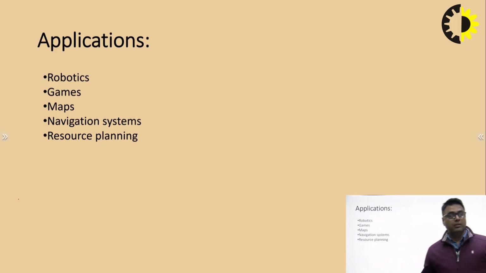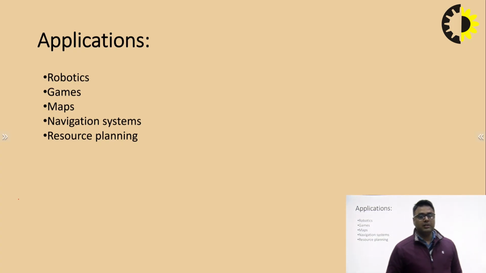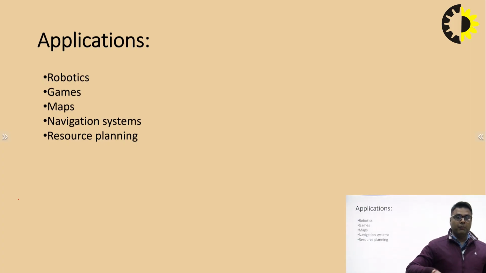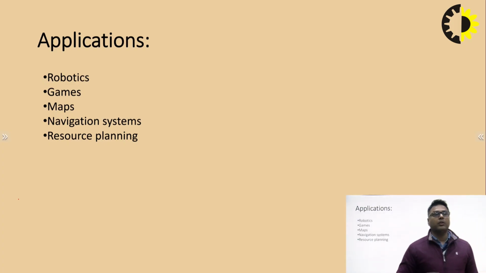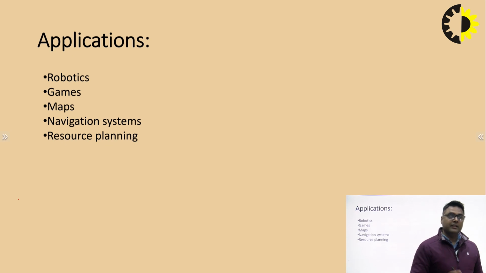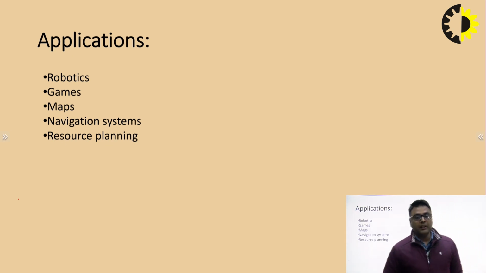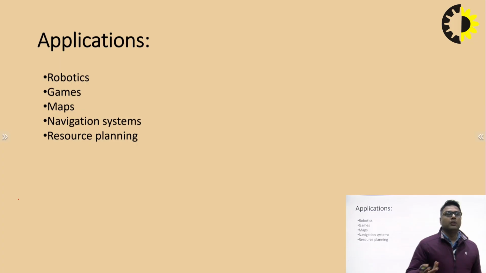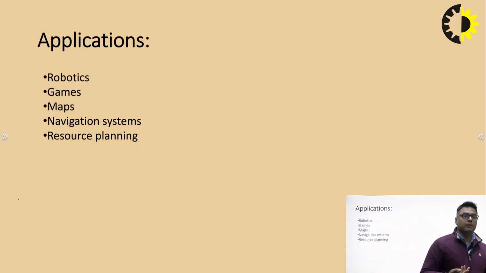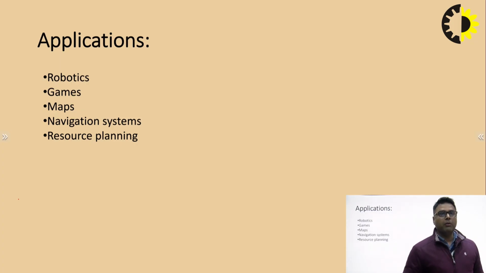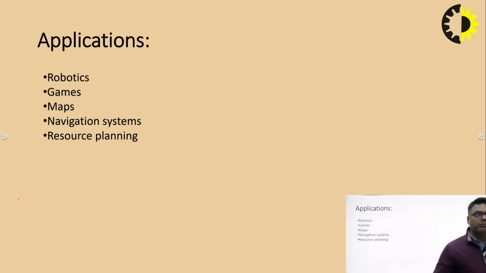Some major applications are mentioned here. Robotics: in robotics, you use the A star search technique, which provides the shortest path. Games: suppose you play chess. You know about the board, the players, and the movements.